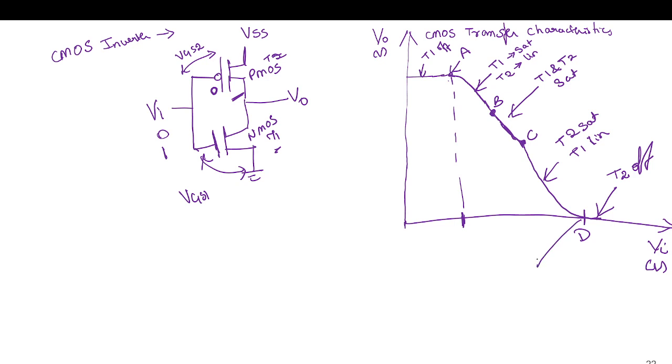So this potential will be VSS minus VT, this is plus VSS minus VTP. And this region is when this delta V naught is based on these 2 threshold voltages.